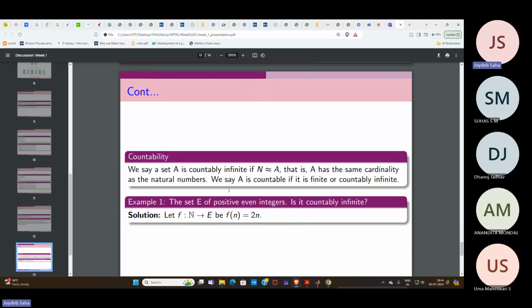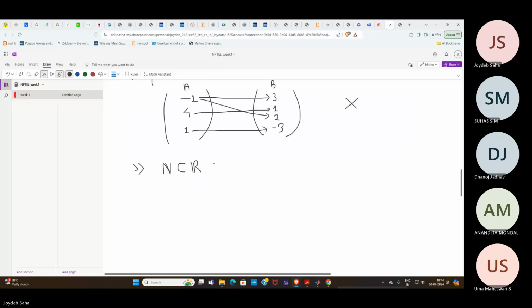It is a very interesting question, that what is a countably infinite set, right?